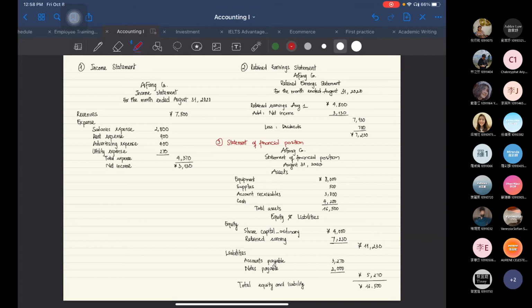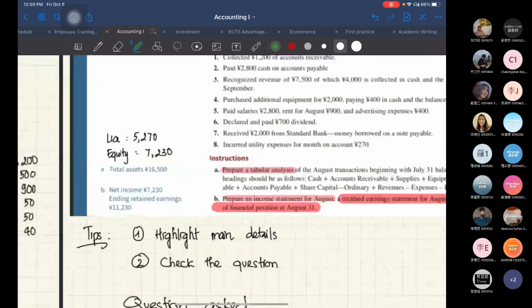So later on, when you do the exam, remember to double check every number that you take. Yes, and there is an advantage when you are doing exercises: you can see some hints, right?